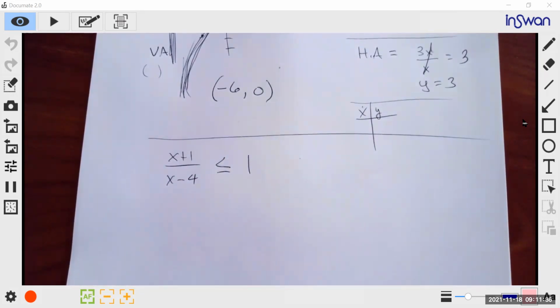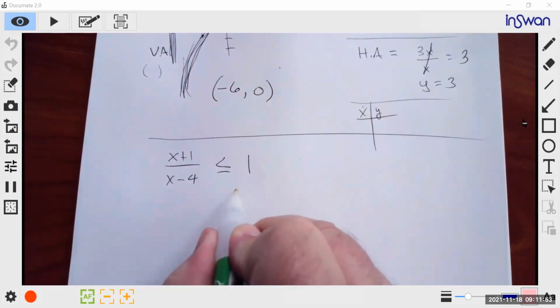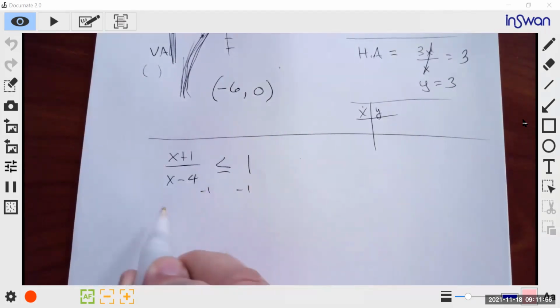Okay, last example. First step, we have to get it equal to 0, so we have to subtract 1 from both sides.